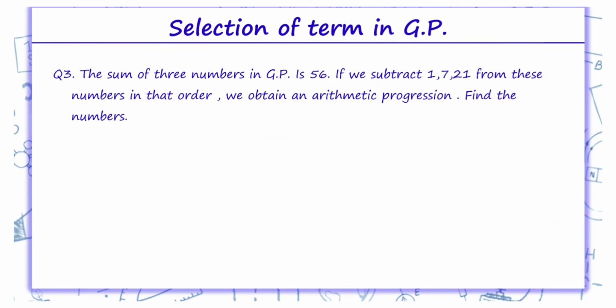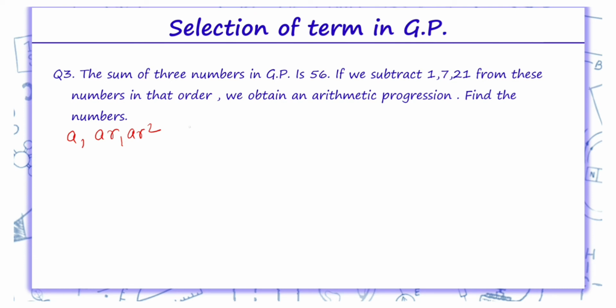So this is how we have to solve the questions. The next question is, the sum of 3 numbers in GP is 56. If we subtract 1, 7, 21 from these numbers in that order, we obtain an arithmetic progression. Now we have to find the numbers. Let's suppose the 3 numbers, because we are not provided with the product, are A, AR, AR square.